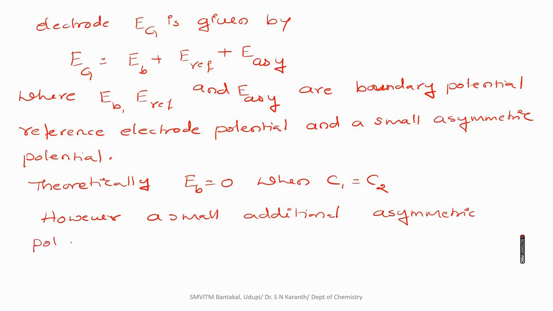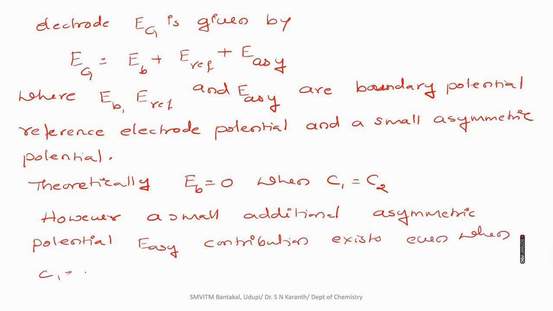If you take the same concentration inside and outside the glass bulb, there exists a small potential. And that potential, we call it an asymmetric potential. A contribution exists even when C1 equal to C2.